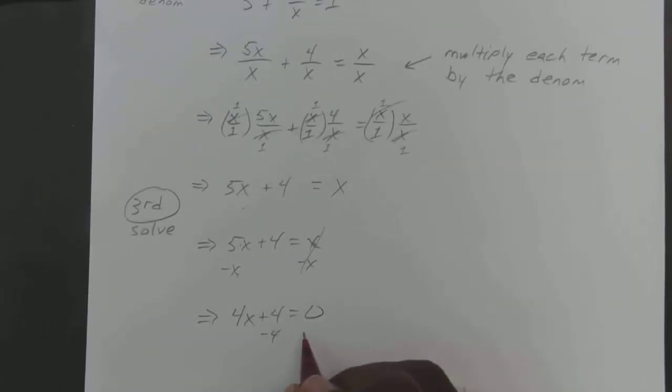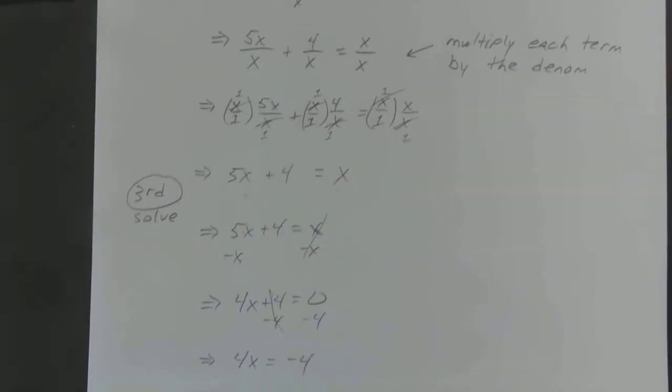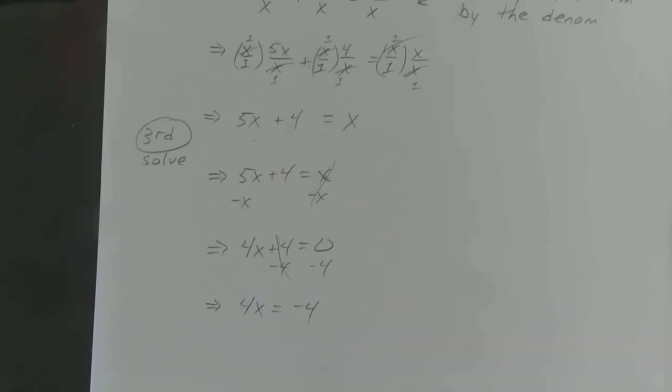So if we subtract 4 from both sides, 4 minus 4 is 0. We have 4x equals negative 4. Now we just divide both sides by 4. Anything divided by itself is just equal to 1. So we have x equals negative 4 divided by 4, which is just negative 1.